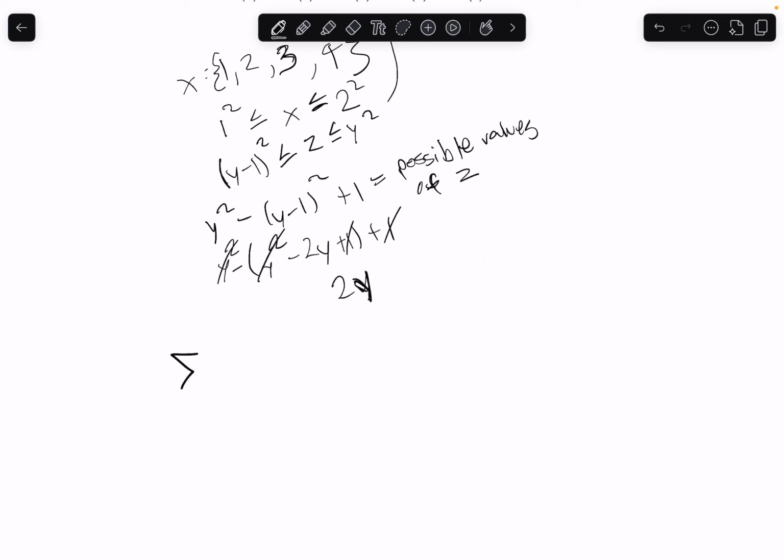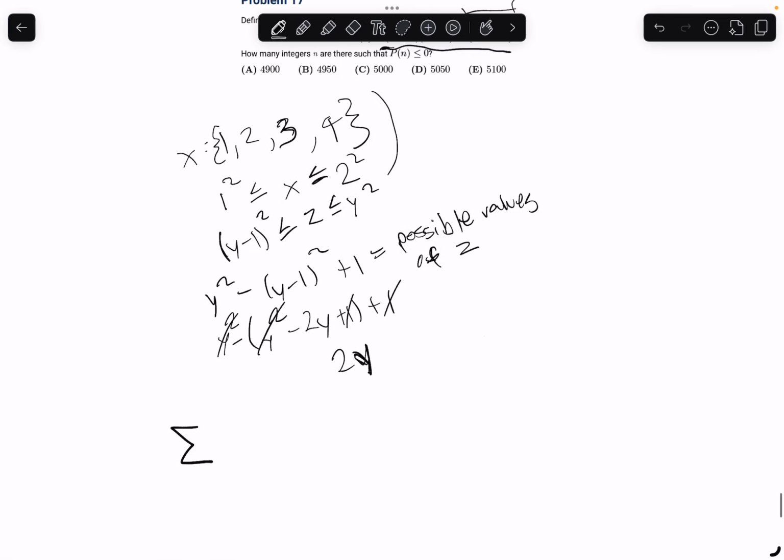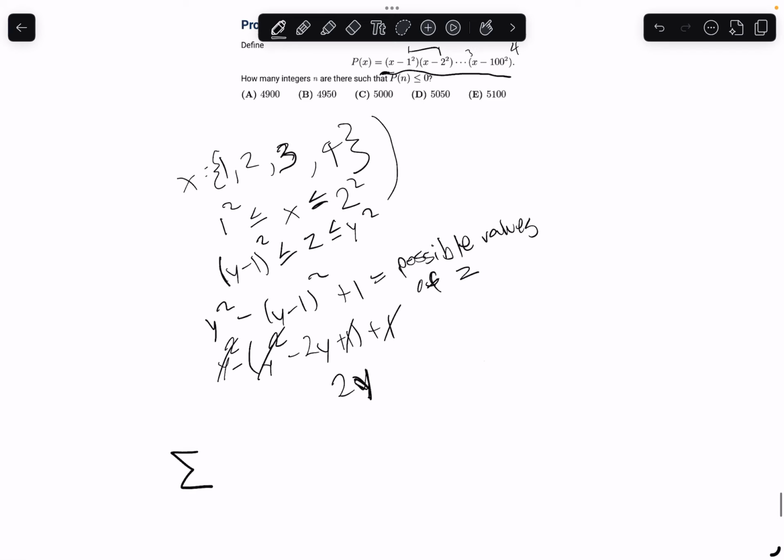So we have a summation, and we want every other interval. A great way of doing that is to realize that we always want y to be an even number. Because if you think about it, we're defining y here to be 2. In this example, if y was 2, we would get these possible values for x.